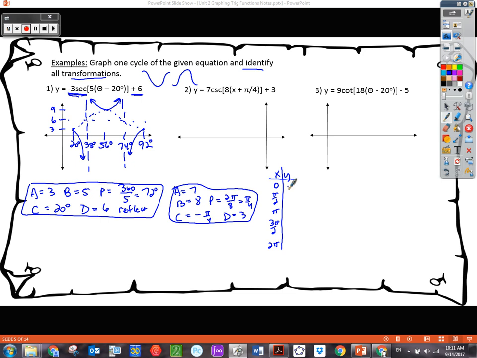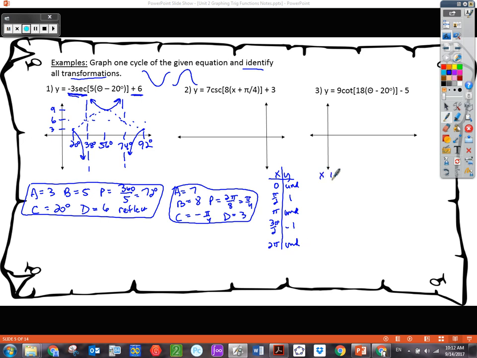We'd flip it upside down, so we just put UND, undefined. At pi over 2, sine is 1, so the flip of 1 is 1. At pi, sine is 0, so this one is also undefined, or there's an asymptote there. 3 pi over 2, sine is -1, so we flip it upside down for cosecant and we get -1. And then I think you get the picture at 2 pi, we'd be undefined.